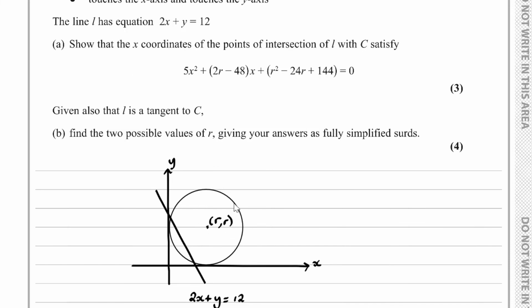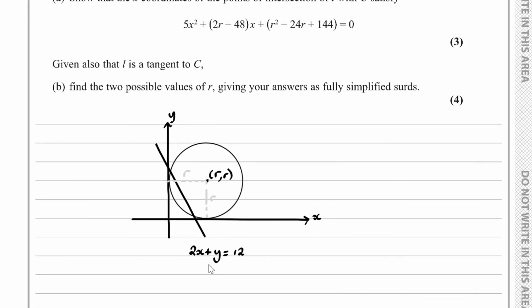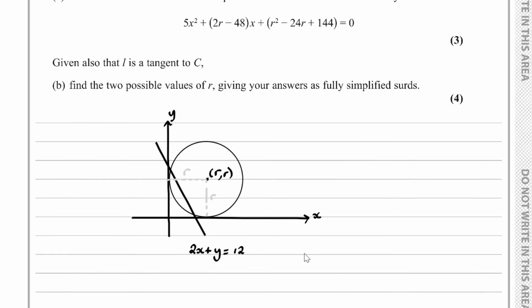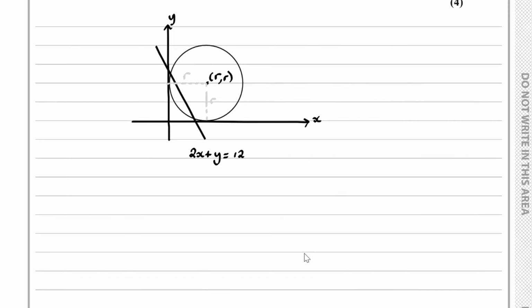So we've got our circle here. It's got a centre at r, r, so therefore the radius is r, and I hope that's quite obvious why the radius is r. And then we've got that circle intersecting this 2x plus y equals 12. So we can see that from the diagram.